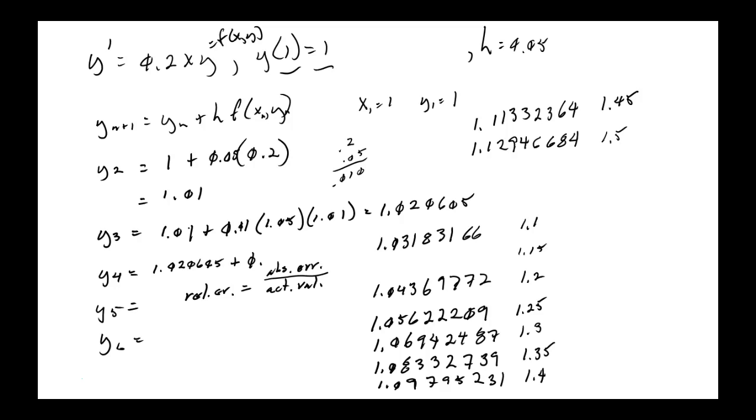To get the percentage relative error, we'll multiply that by 100. This will give you a decimal number. Move the decimal 2 places to the right, and you get the percent error.